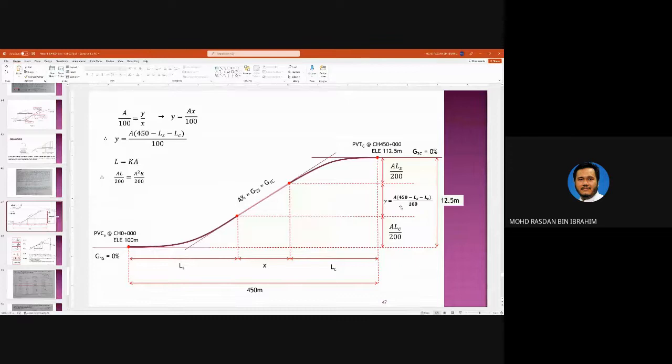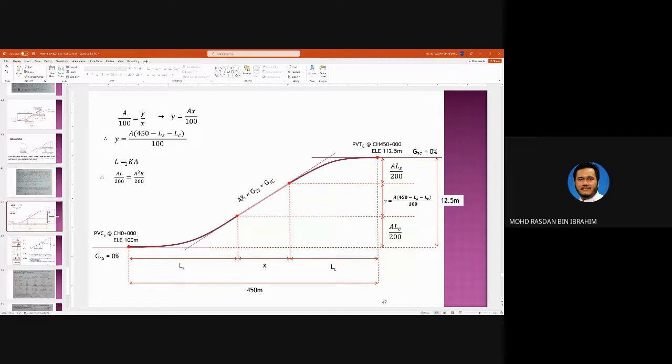And then you have the formula L equals K A. So the offset is A L over 200, and you use these values, A L S over 200, and plug them into this formula over here.